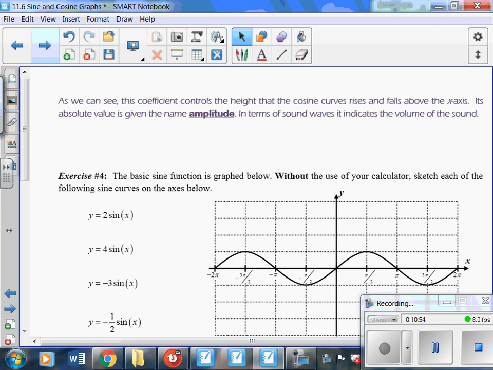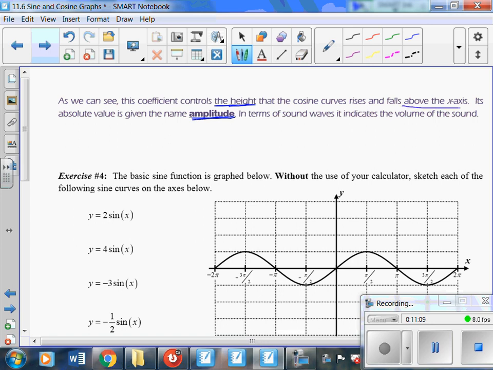So as we can see, this coefficient controls the height that the cosine curve rises. So the height is called the amplitude that the cosine curve rises and falls above the x-axis. That's the big part, okay? Its absolute value is given the name the amplitude. In terms of sound waves, it indicates the volume of the sound.